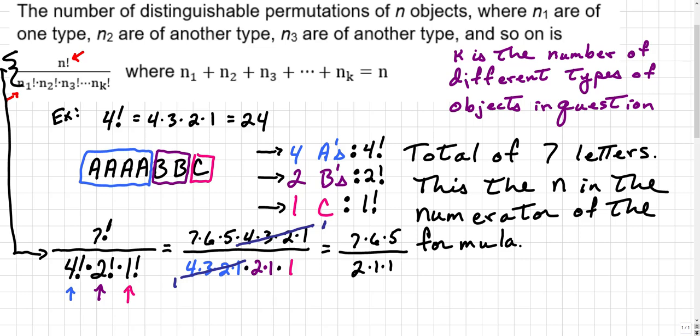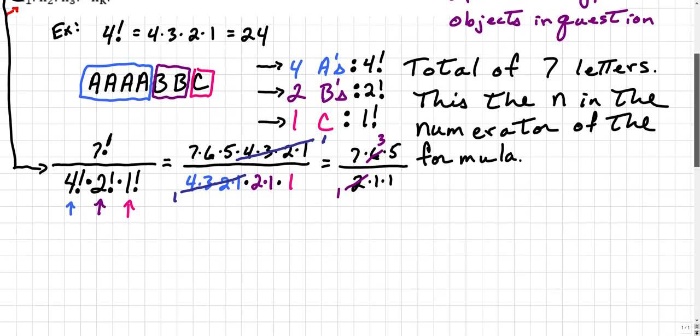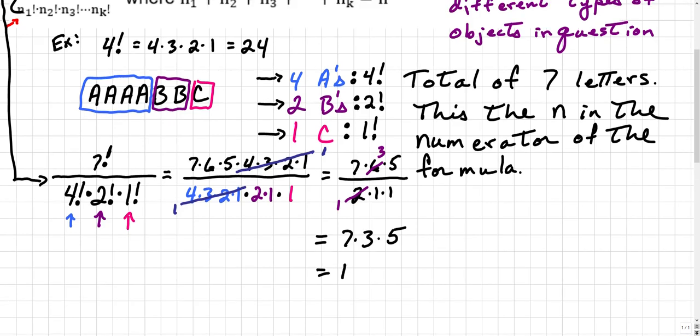But then again, this 2 will divide into itself once and into 6 3 times, and I'll be left with 7 times 3 times 5 for this particular distinguishable permutation. So this whole thing is simply going to be equal to 7 times 3 times 5, which is equal to 105. And that's the basis for a distinguishable permutation.